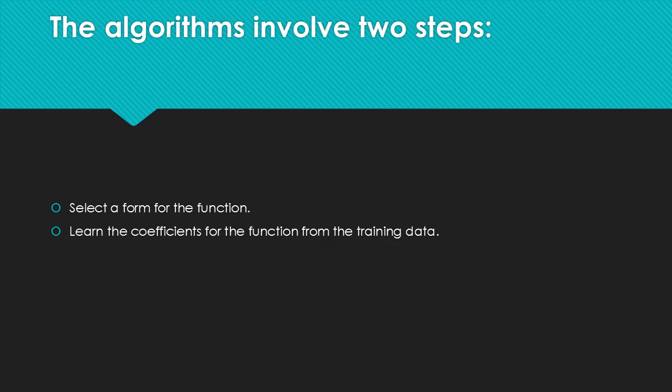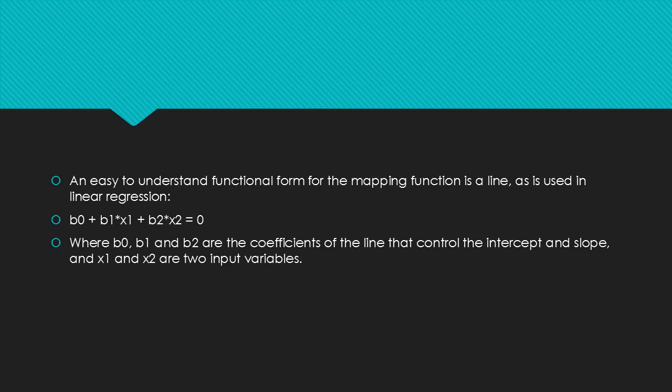The second step is the coefficients. After creating the formula, we are going to learn the coefficients. Let us take this example. Here the form that we have used is b0 plus b1 into x1 plus b2 into x2 is equal to 0.